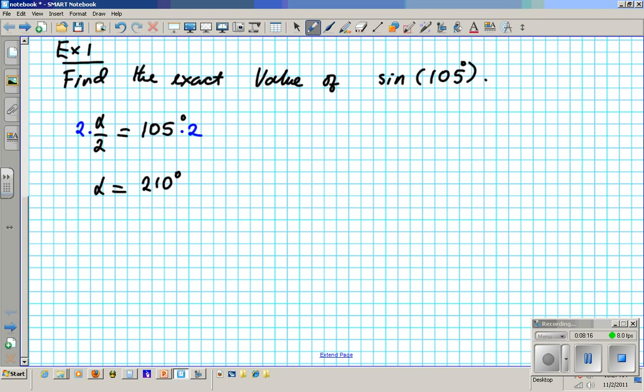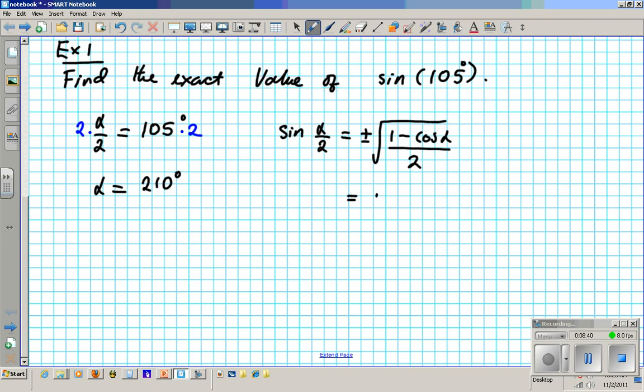Now let's write out the formula. The formula is sine, because it's a sine problem, alpha over 2 equals plus or minus the square root of 1 minus cosine alpha over 2. Okay? Now we know what alpha is. Alpha is 210, so let's just plug it in.